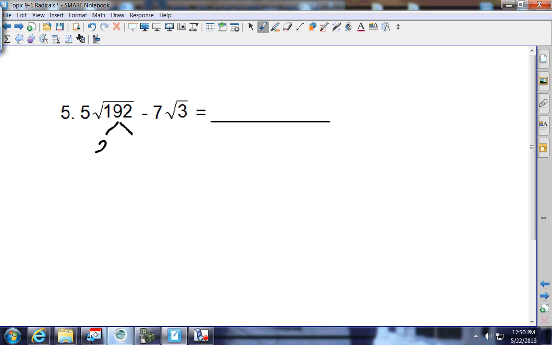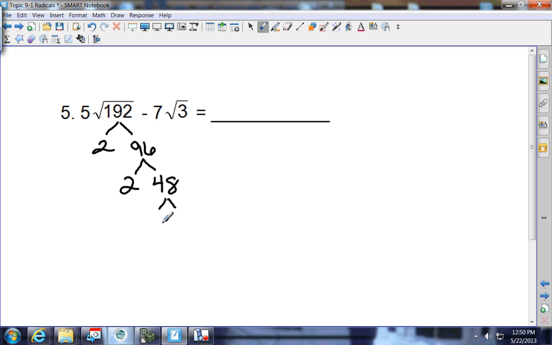I know a 2 goes into both of them. Because I don't know off the top of my head what divides into 192. I know that an even number, 2 goes into it. So I'm going to start that way. 192 divided by 2 is 96. Looking at this, I'll just use a 2 again for fun, because I know it's even. 96 divided by 2, 48.